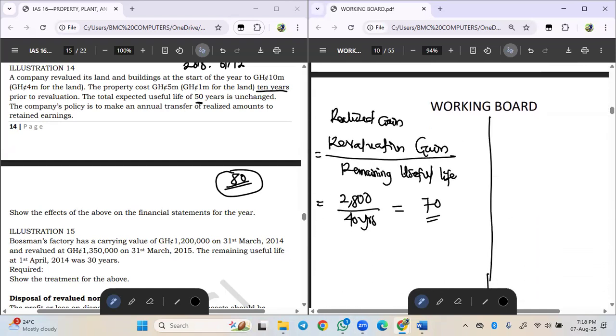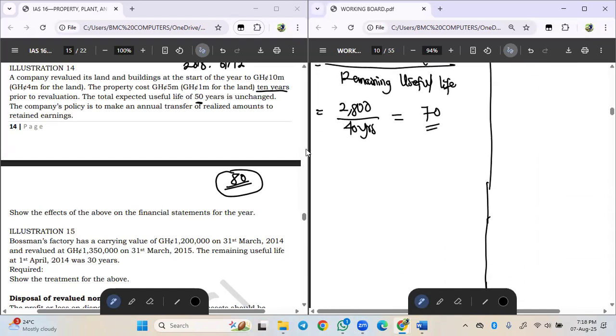Now let's prepare our extracts. First of all, let's prepare our income statement extract: the statement of profit and loss and other comprehensive income. I added other comprehensive income because there is a revaluation gain.